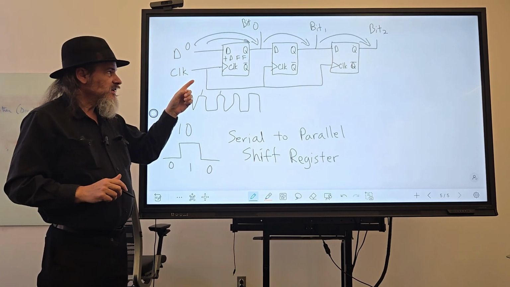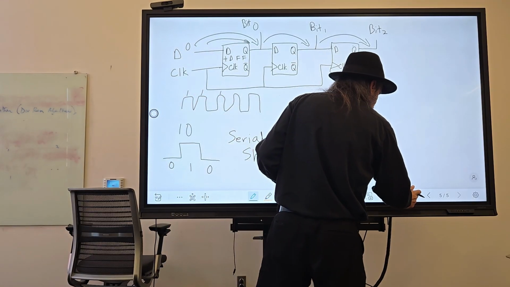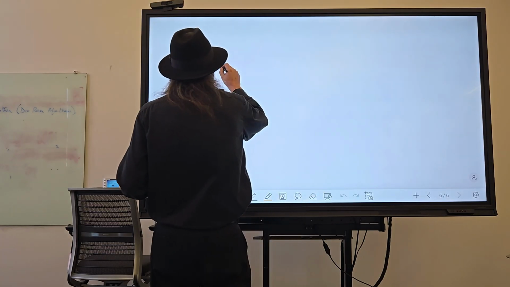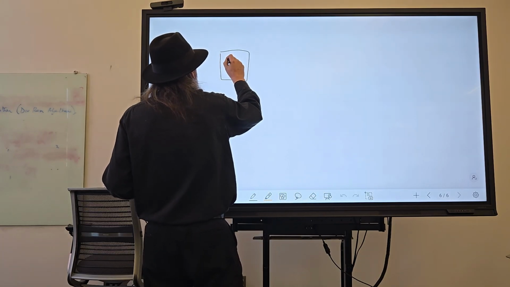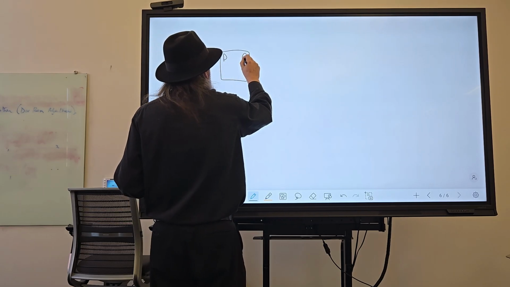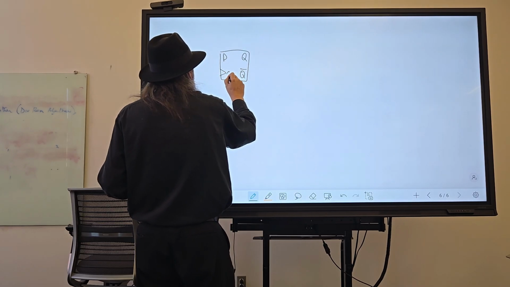Something similar to this is a frequency divider, where you have your E, Q, Q bar, clock.